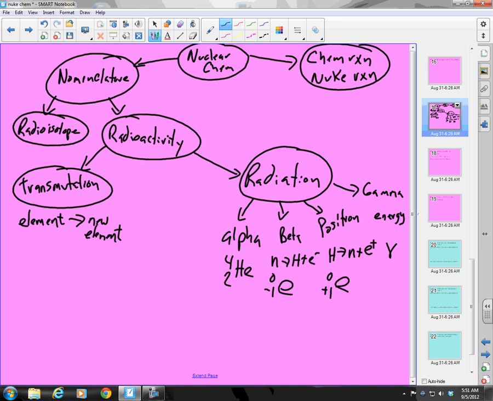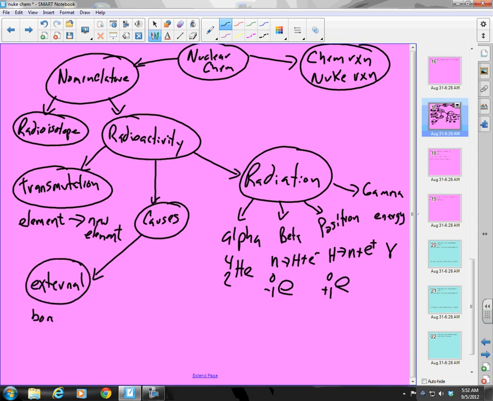And what else? Oh, we also talked about, hey, what are some causes of radioactivity? What causes a nucleus to be unstable? And we talked about external causes. And those are things like bombardment and capture.